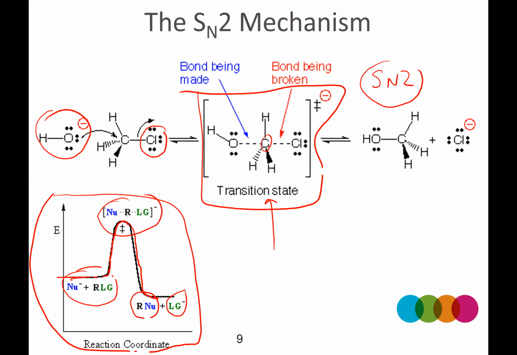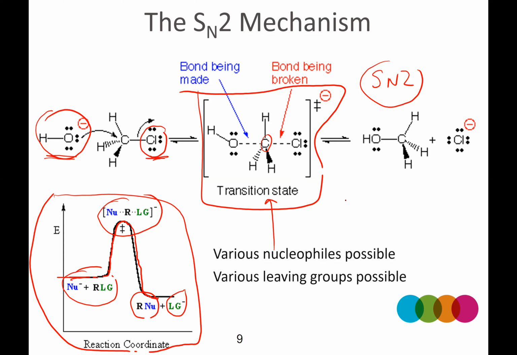So it's getting a little congested there, but this is what the general transition state will look like. The nucleophile will change from one reaction to the other. The leaving group will change from one reaction to the other, but the basic structure is going to look like that. Okay. So various nucleophiles and various leaving groups are possible.